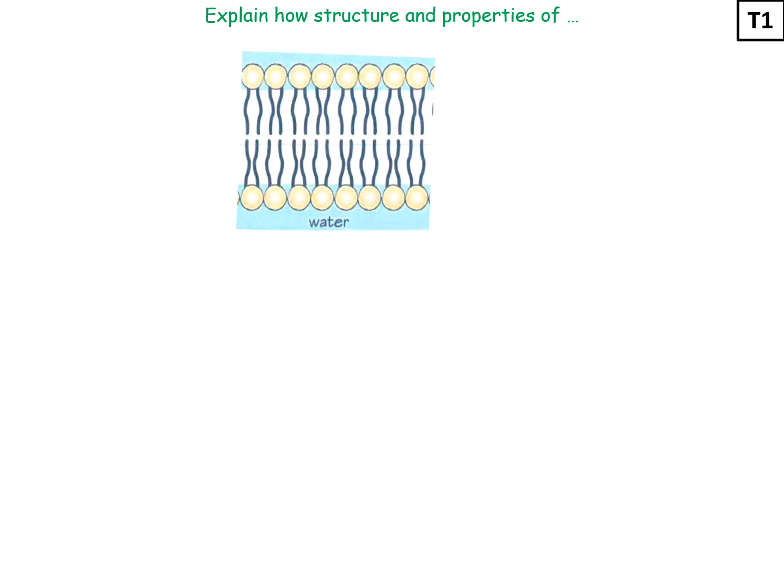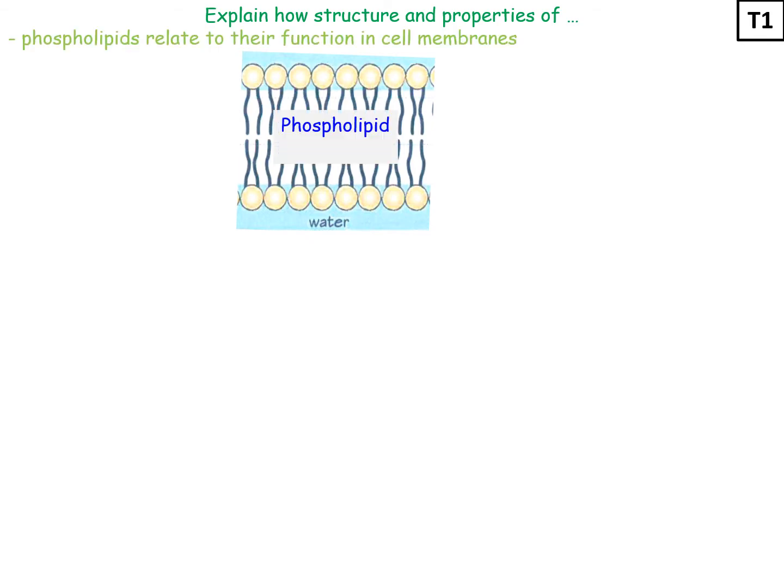Explain how the structure and properties of phospholipids relate to their function in cell membranes. So here are phospholipids, and they are part of the phospholipid bilayer. And we want to know what's a component of a phospholipid. What does a phospholipid contain?